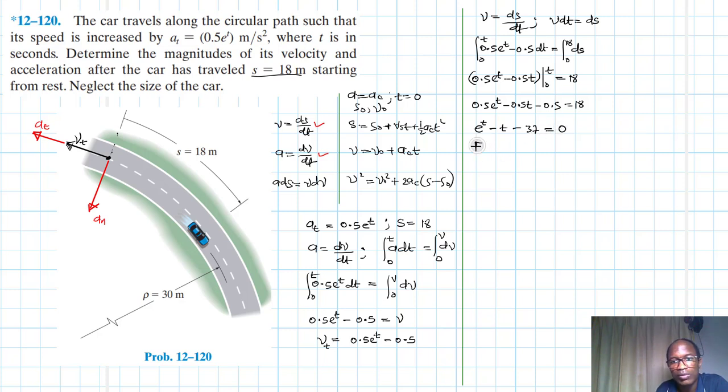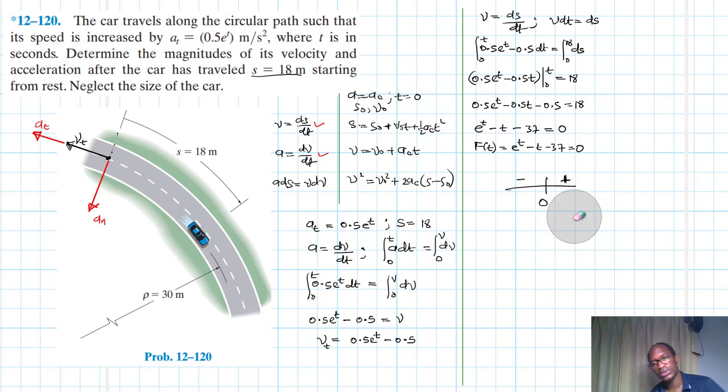So let's say we have this function of t, which we are going to solve using numerical techniques: e to the t minus t minus 37 equal to 0. We're going to use trial and error, but you can use whatever method. Trial and error is a numerical technique, and ideally what we are doing is trying to find values of t that will give us a negative and a positive, and then we begin the iteration so that we get closer to 0, because 0 is the analytical solution.